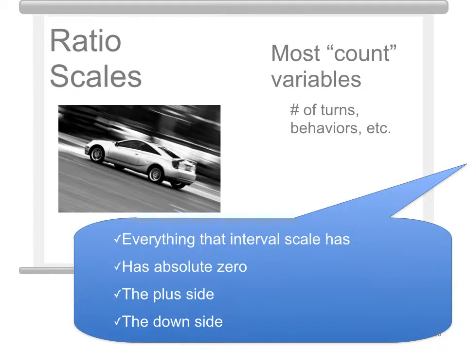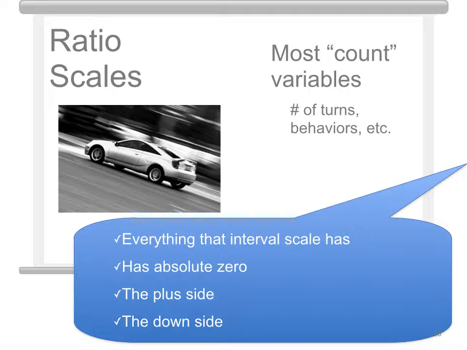So ratio scales, again, this has everything that the interval scale has. Excuse me, lost my train of thought for a second. But it has an absolute zero, like number of turns, behaviors.